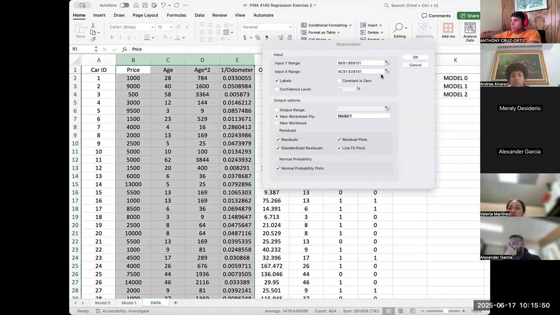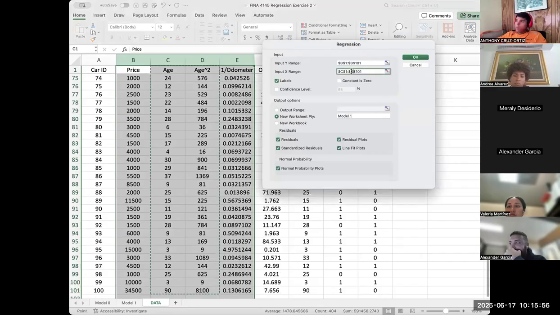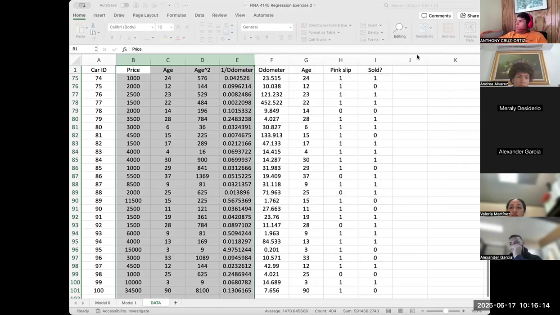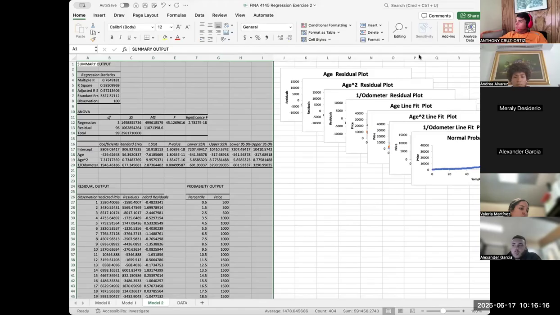All right, make sure it has everything. So the Y is B, and then here I want to go up to E. So I'm going to change that to E. And then labels, and I'm going to go into Model 2 now. And okay. There we go.